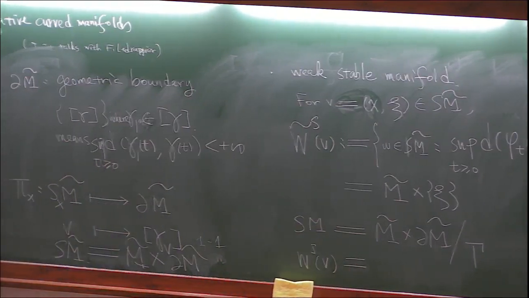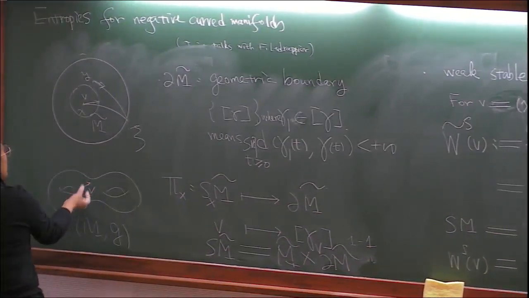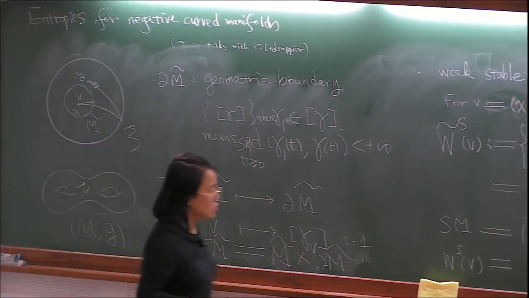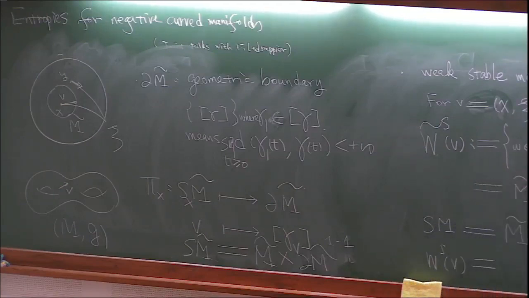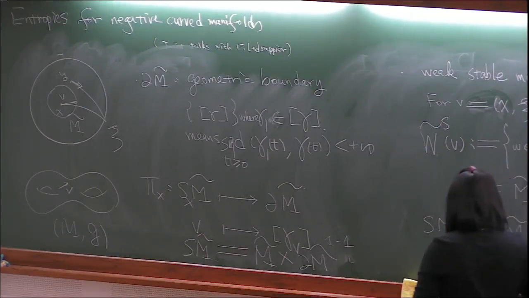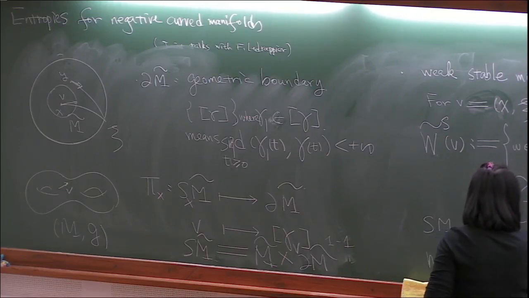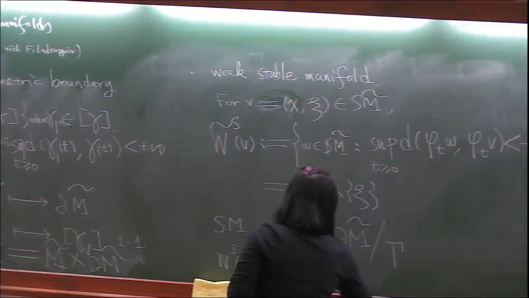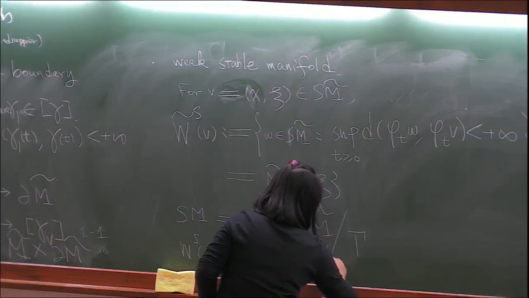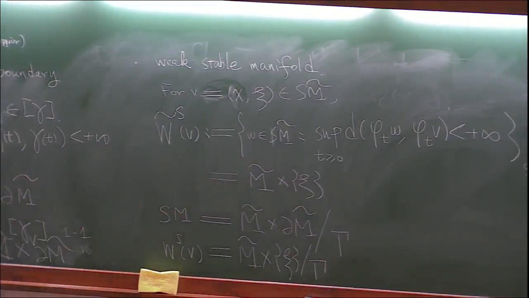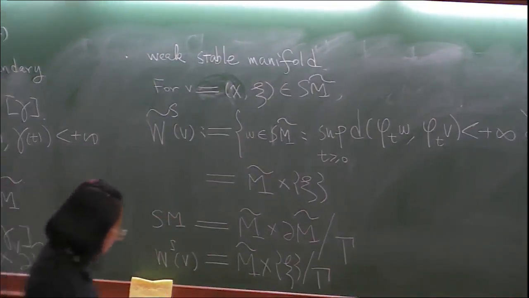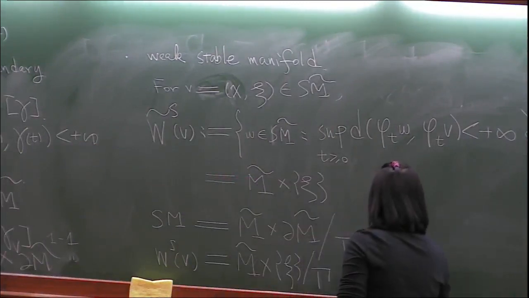I gave the same notation as v here. If you have a v here, you can lift it to the universal cover. And this weak stable manifold at v downstairs can be identified with M tilde times ξ, and also the quotient space, right? Okay, this is the stable manifold.